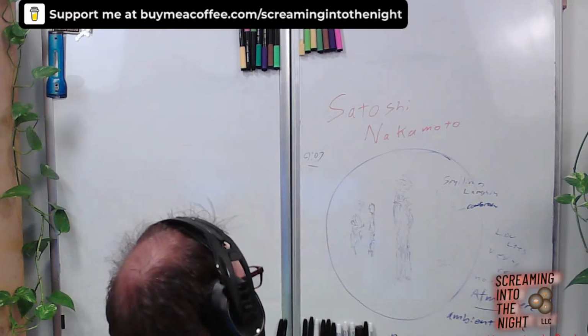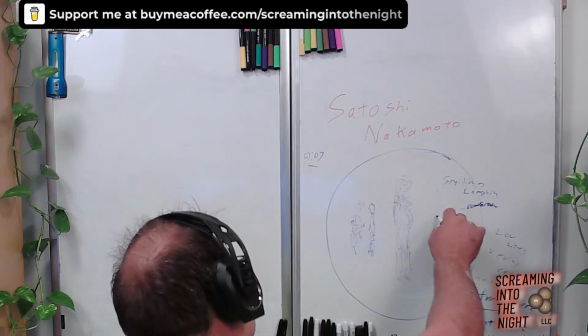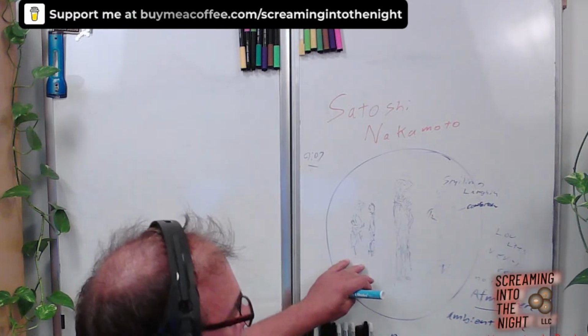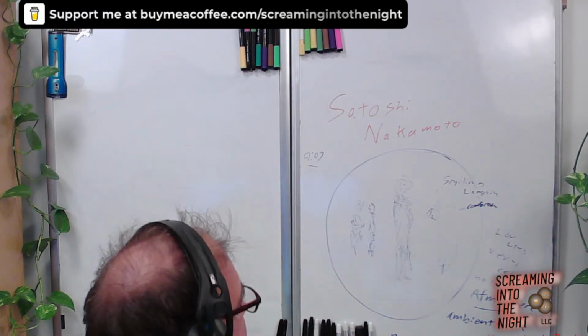So either this is his date, which is highly possible, or his wife, which is again highly possible, and this is the group of people who started it all getting together, which is possible.